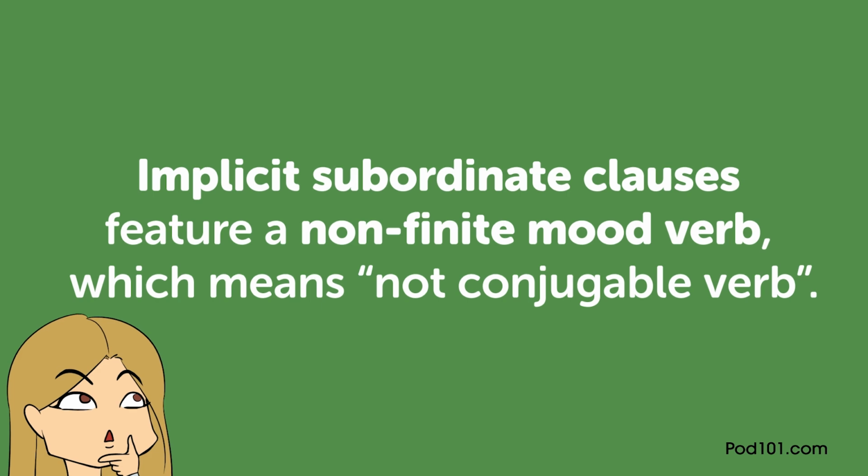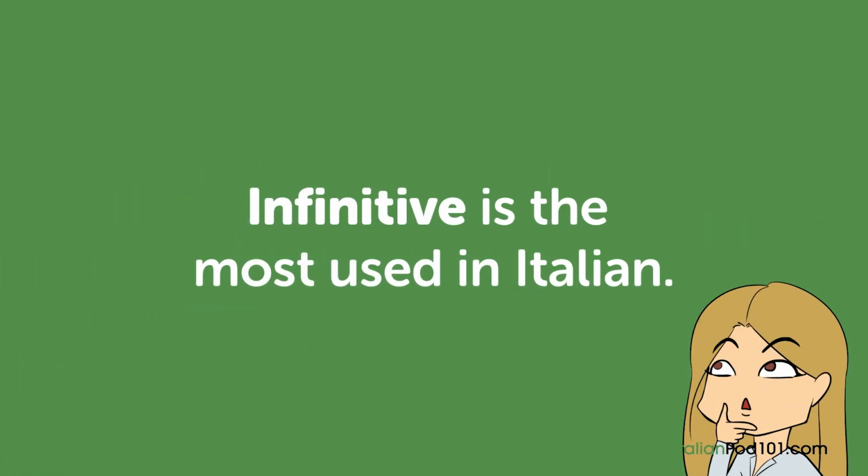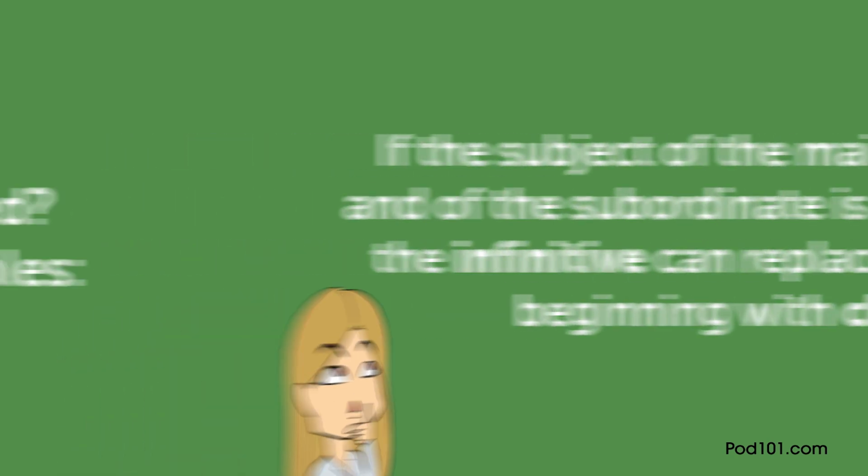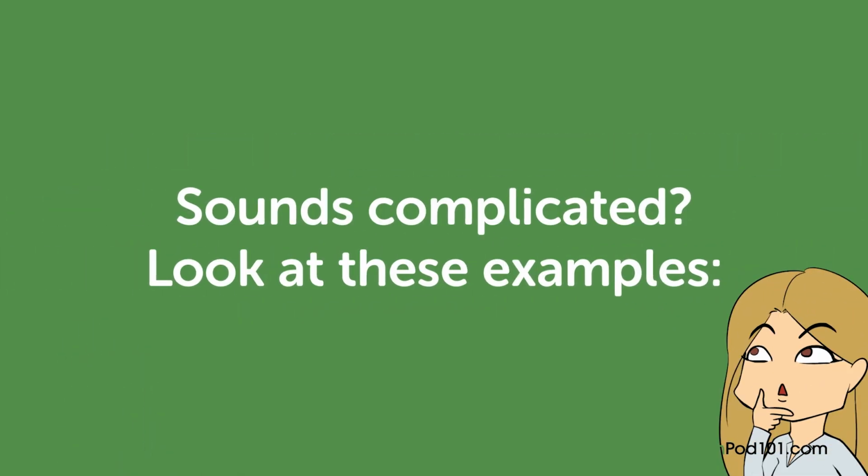Implicit subordinate clauses feature a non-finite mood verb, which means not conjugable verb. The infinitive is the most used in Italian. If the subject of the main clause and the subordinate is the same, the infinitive can replace clauses beginning with che. Sounds complicated. Look at these examples.